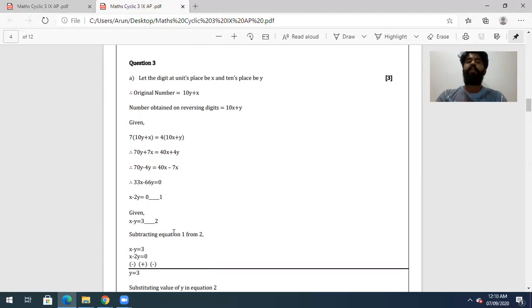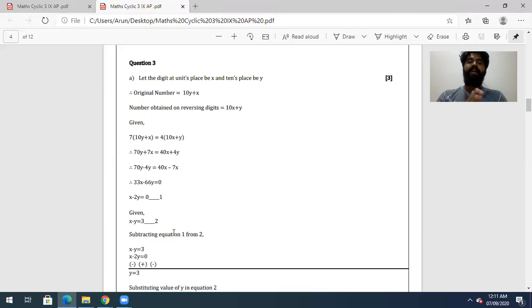And the number that you will obtain on reversing the digits would be 10 into x plus y, which is 10x plus y. Now, according to the given question, 7 times the original number, that is 7 into 10y plus x, is equal to 4 times the number obtained on reversing the order of digits.